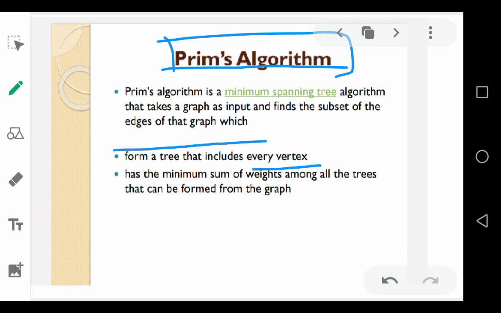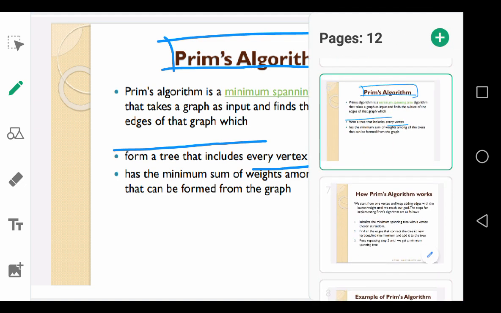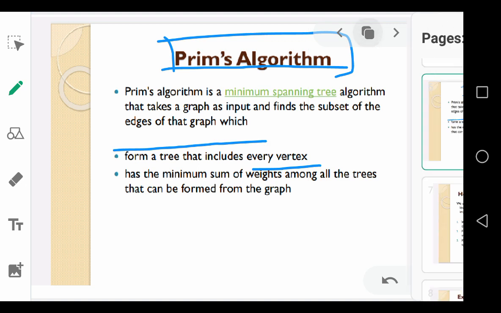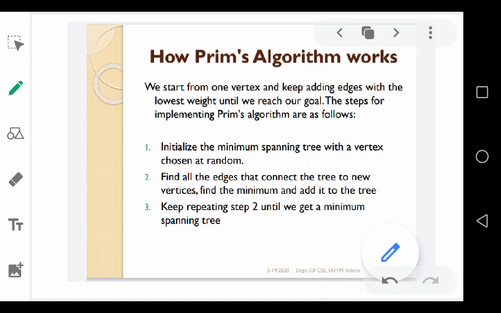Or in simple words, the tree contains all the vertices with the minimum sum of weight. So we'll see how Prim's algorithm works.